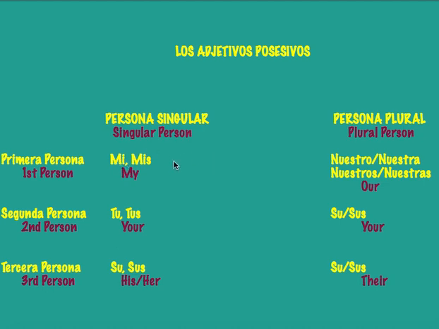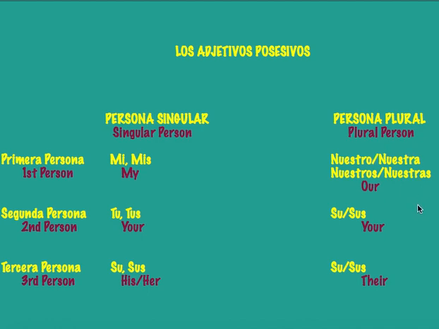Okay? Mi libro, my book. Mis libros, my books. Okay? Now, only here is there gender involved. So for first person plural, nuestro and nuestra, nuestros and nuestras. Let's take a guess. Y, O, and A. That's right. It has to do with masculine and feminine.